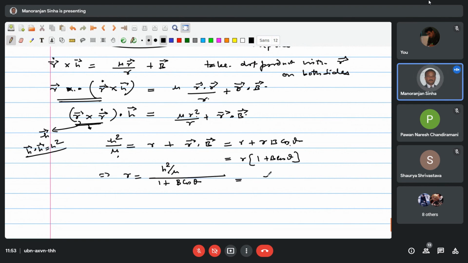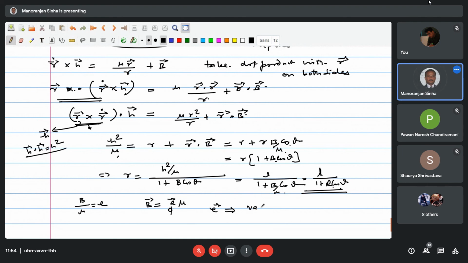So this is the standard conic section equation. This is the standard conic equation. That means b by mu, this quantity, in vector format, is the same thing we have written as eccentricity. So this proves eccentricity is a vector.